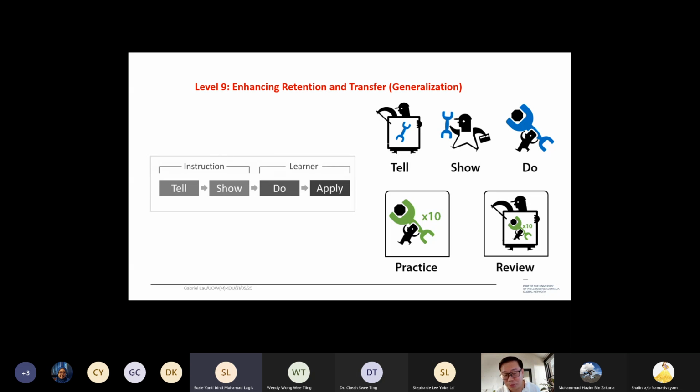In instruction, we as teachers normally do the tell and show, then we get the learners to do and apply. Once they do it with you and can apply it in the future, that is the highest level of learning.